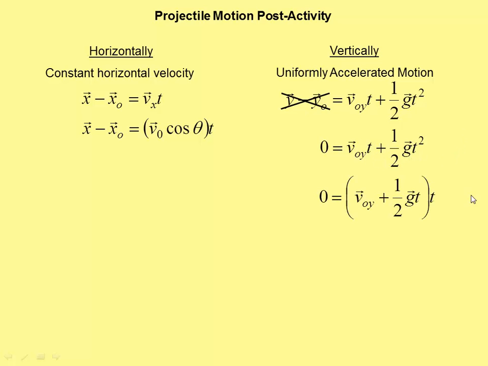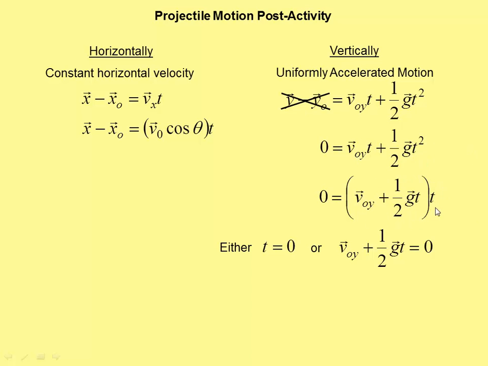out. Now, what good does that do? Well, it's saying that this times t is 0. And the only way two things can multiply together and be 0 is if one of them is 0. So that means either t is 0 or VOY plus 1/2 g t is 0. Now look at that math again. Okay. Factor the t out.